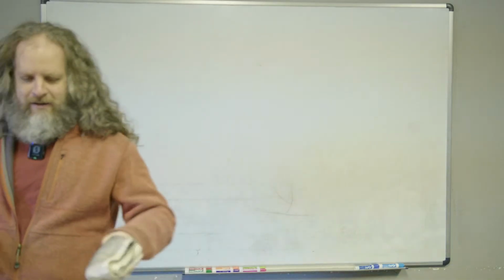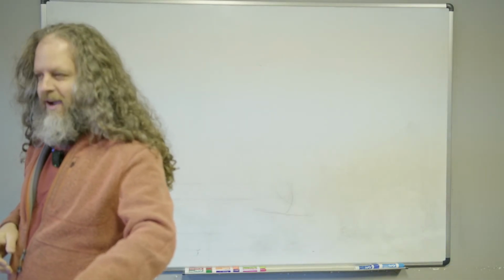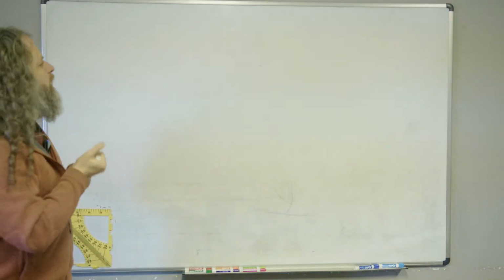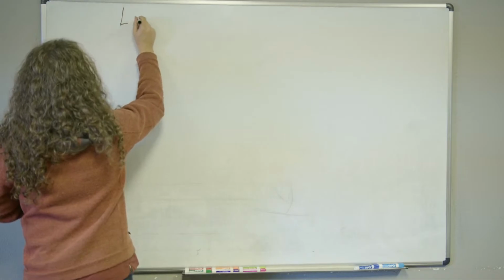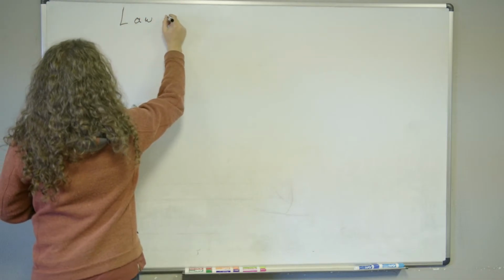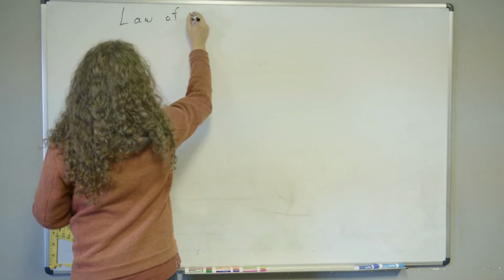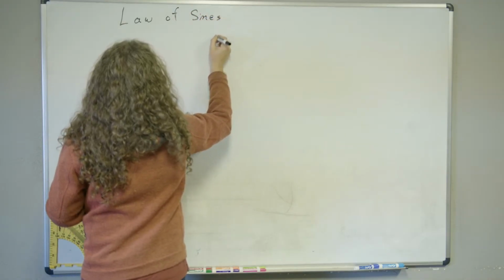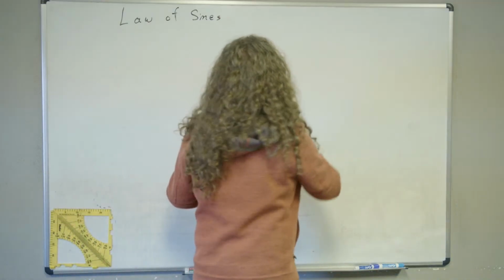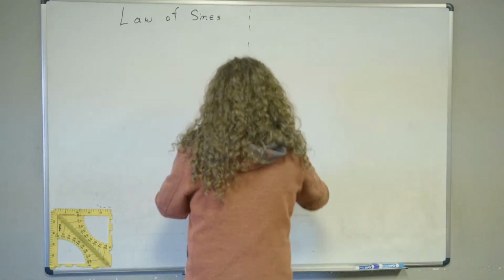If we want to find missing things from non-right triangles, we have to use one of these two tools. We have to use either the law of sines or the law of cosines.